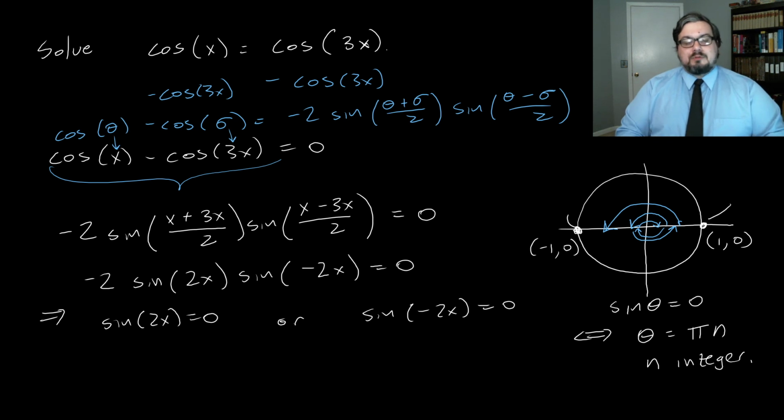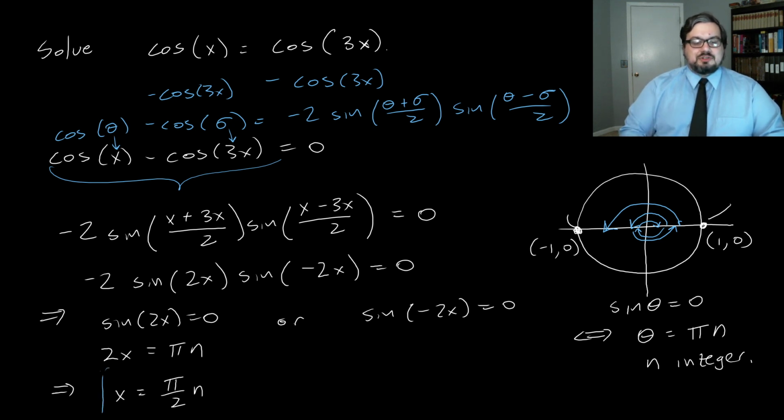So coming back over to our equation sine 2x equals 0, this happens exactly when 2x equals pi n, for n an integer. And since we're solving for x, we'll divide both sides by 2, and we'll get that x is equal to pi over 2 times n for any integer n. That's one of our solution families.